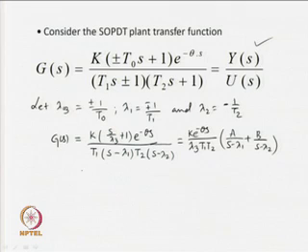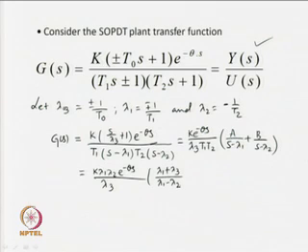Then this can further be written as k lambda 1 lambda 2 e to the power minus theta s upon lambda 3 times lambda 1 plus lambda 3 divided by lambda 1 minus lambda 2 times 1 upon s minus lambda 1, plus minus lambda 2 plus lambda 3 whole divided by lambda 1 minus lambda 2 times 1 upon s minus lambda 2.